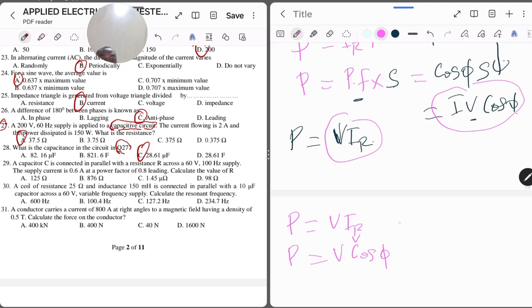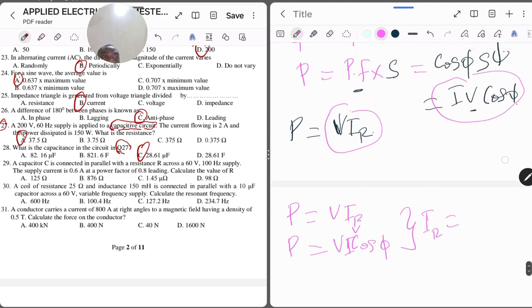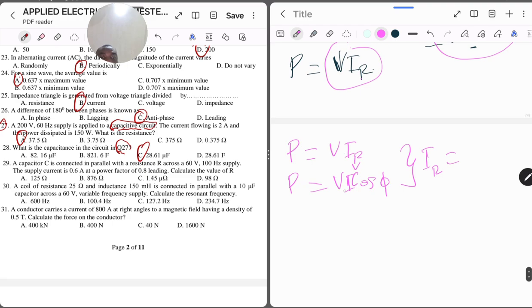So by doing correspondence, you can see that IR is just equal to I cos phi.